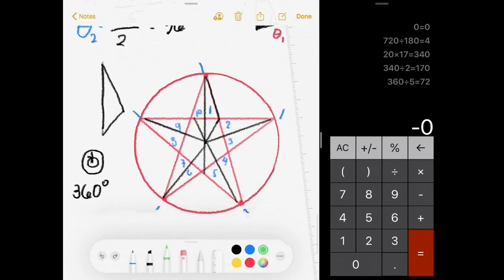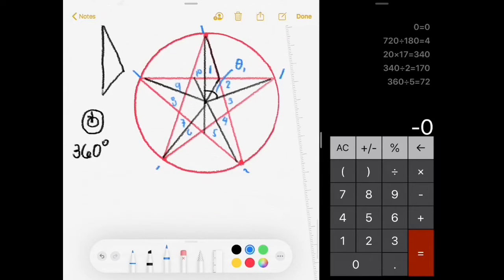So, 360. So, therefore, ang isang portion na to, I think you can call this theta 1. Okay. So, si theta 1 is equals to 360 degrees divided by 5.